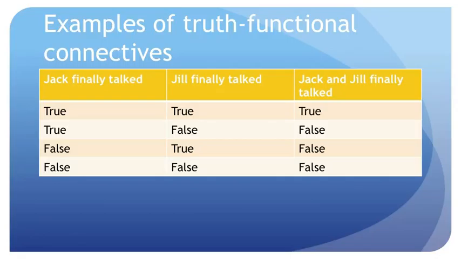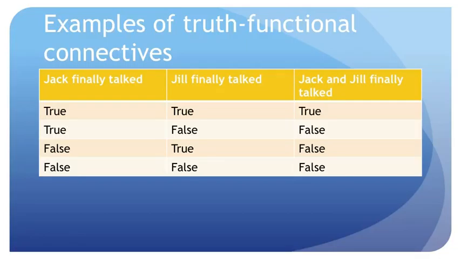Well, that's going to be true whenever it's true that Jack finally talked and Jill finally talked. As long as those two conditions are true, it's also going to be true that Jack and Jill finally talked.